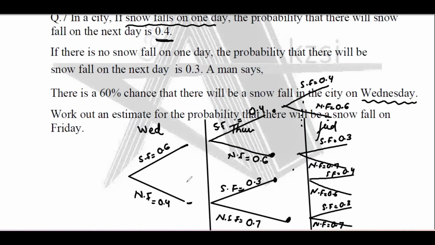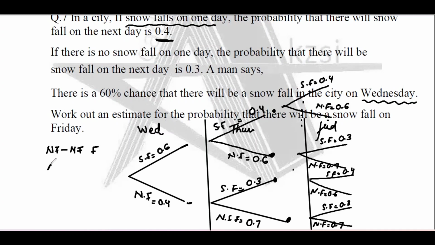Now we have to see what they are asking. Work out an estimate for the probability that there will be a snowfall on Friday. So how can we make the possibility? It can be no fall on Wednesday, no fall on Thursday as well, but a fall on Friday.